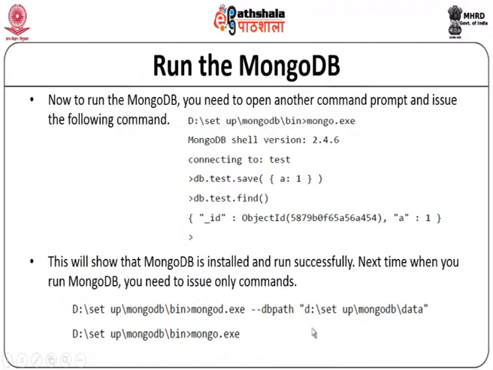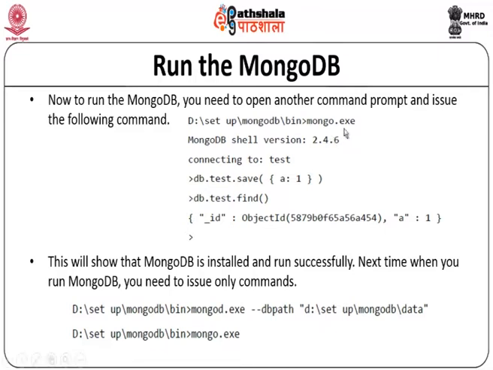Having set the path, you can run MongoDB once you open another command prompt and type the following command. So, create a new command prompt environment and there you type the given command as shown in this slide: setup MongoDB/bin mongo.exe.